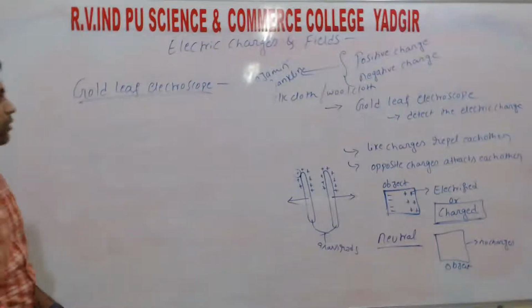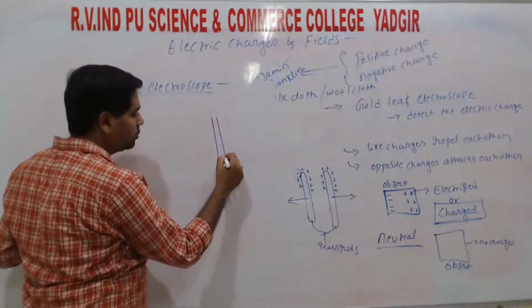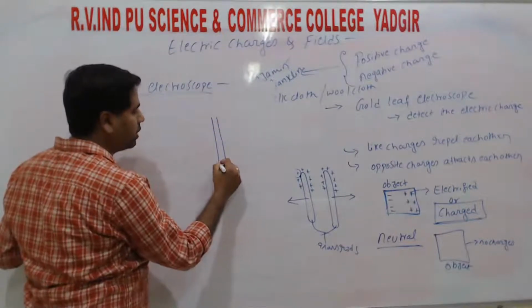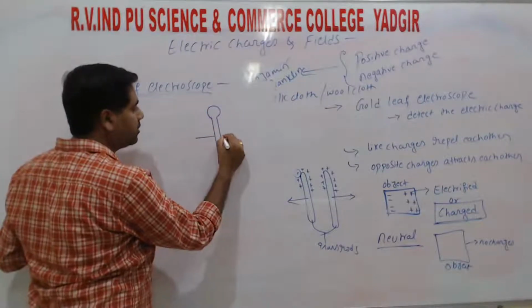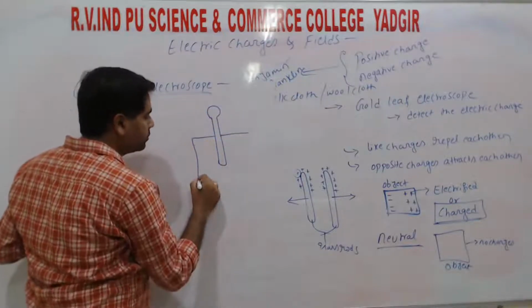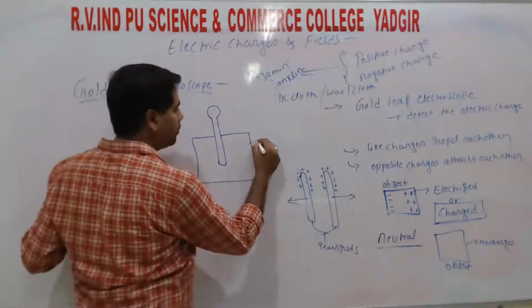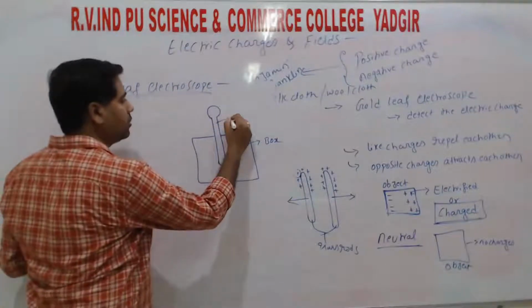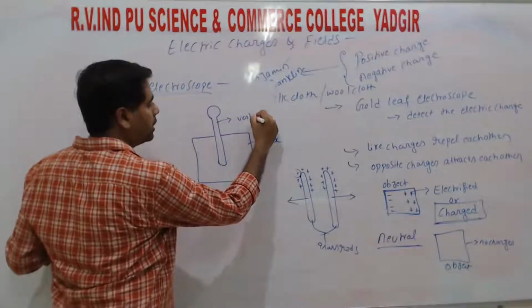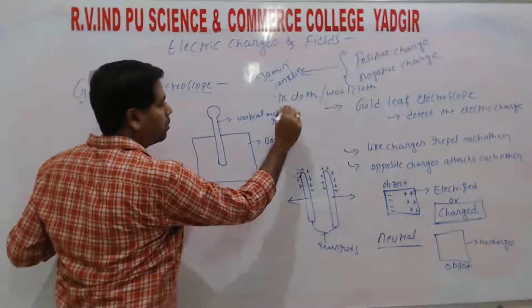So in a gold leaf electroscope, a vertical metal rod having a knob is placed inside a box, right? So this one is the box, and this one is the vertical metal rod, right?